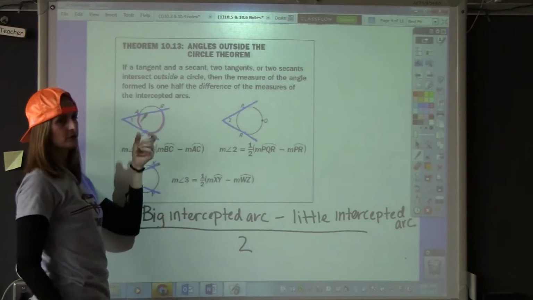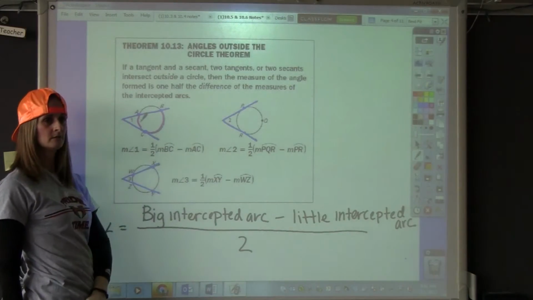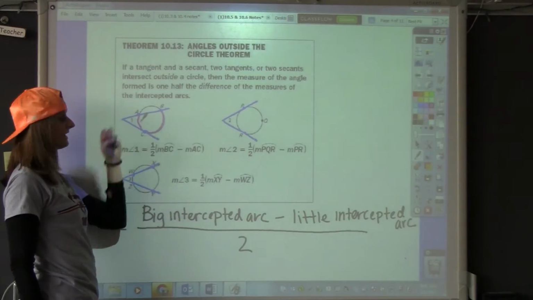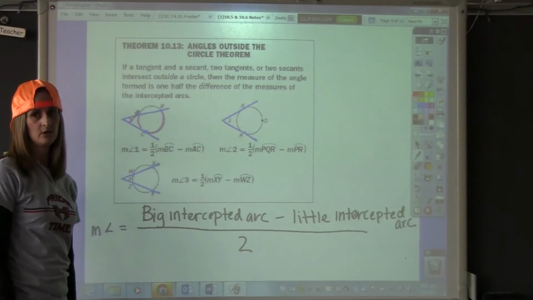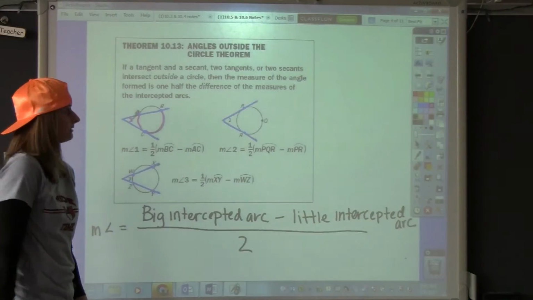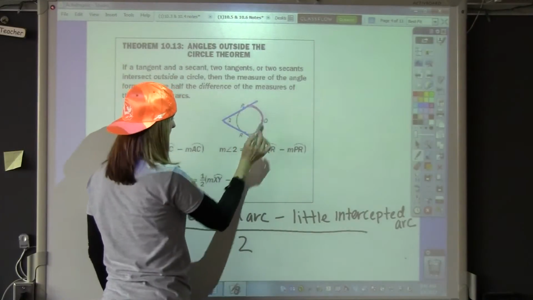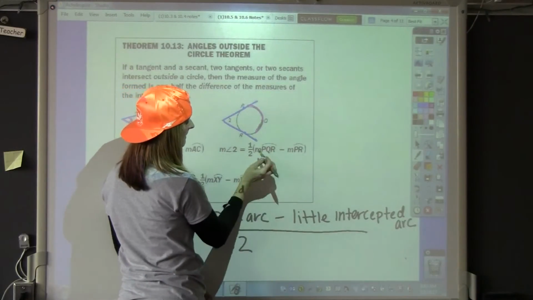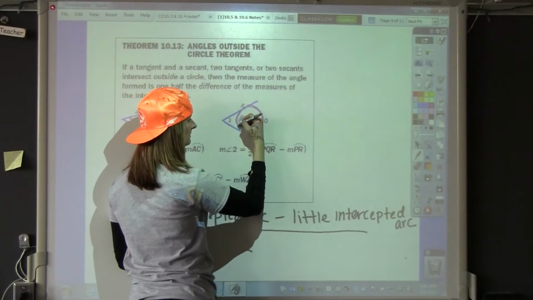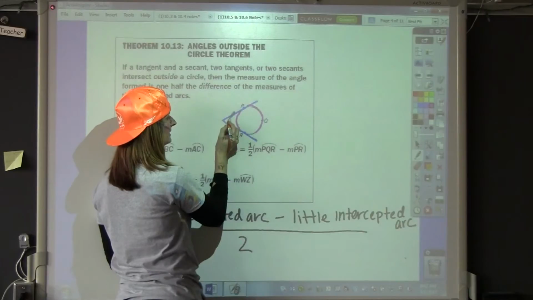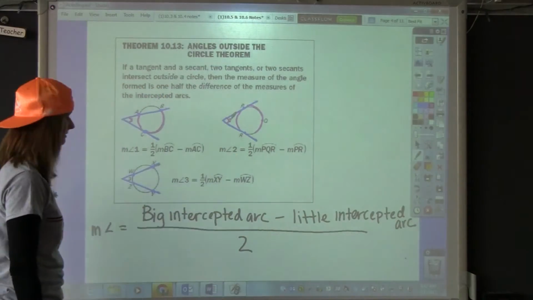When you take those numbers, big minus little, and then divide by 2, you get the measure of this external angle. That's it. That's what this says right here. The measure of arc PQR minus the measure of arc PR, cut in half, gives you the measure of that angle.